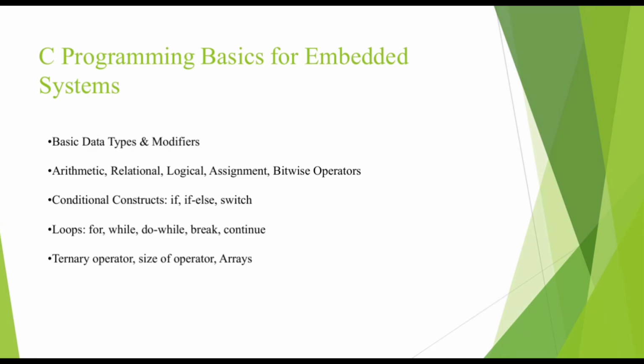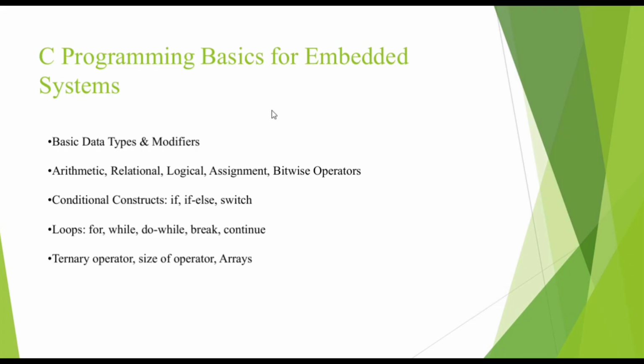It is portable, efficient and gives hardware control. Let's see some key focus areas in C programming: data types, pointers and registers, then bit manipulation, then memory and interrupt optimization. All of these things are managed in C programming for embedded systems.